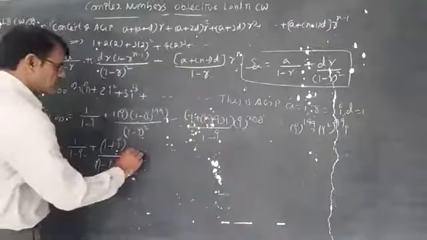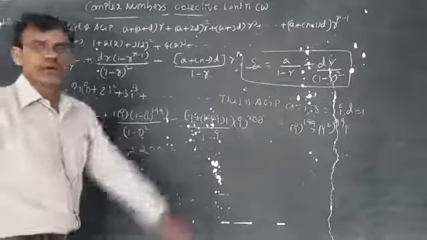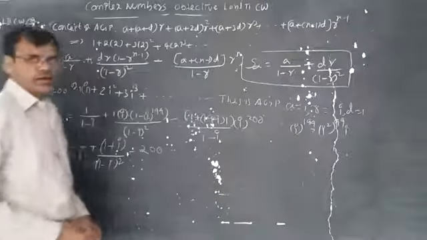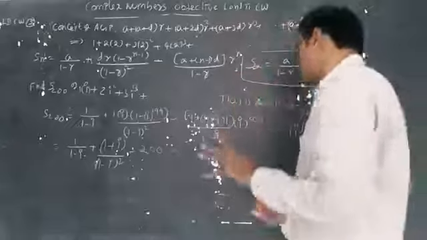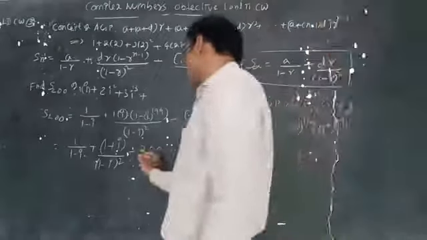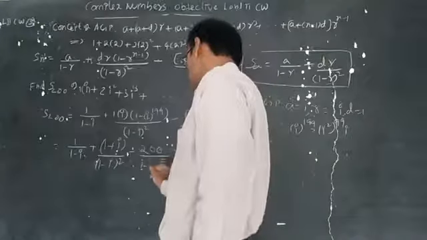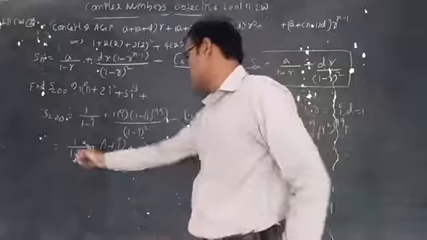Minus 200 into i power 200, which is i square whole power 100, and minus 1 whole power 100 is plus 1. So it is simply 200 by 1 minus i. Now you can see this is 1 by 1 minus i.